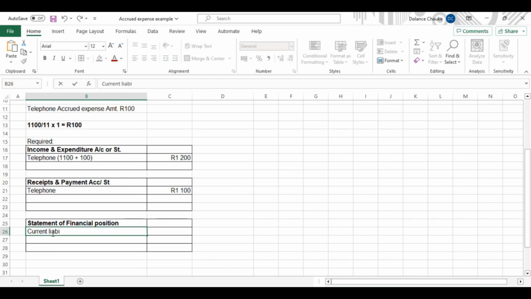Under current liabilities there, you're going to say telephone, or you can just say accrued expense.